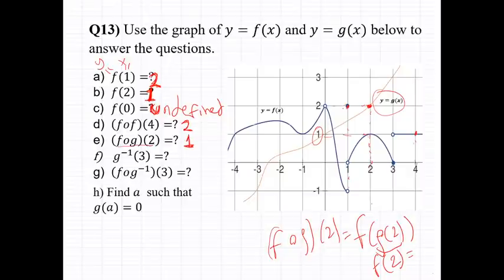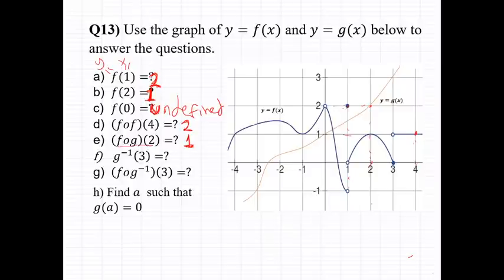What is g inverse of 3? This time you're taking 3 from the y. You are trying to find the x corresponding to it. If g inverse of 3 equals x, then g of x should be equal to 3.